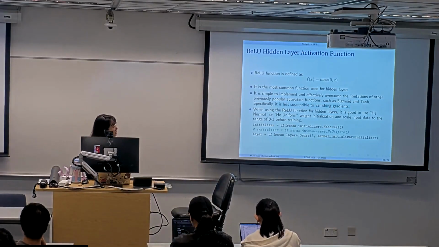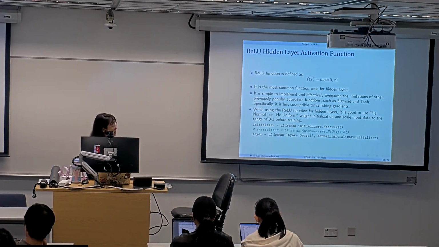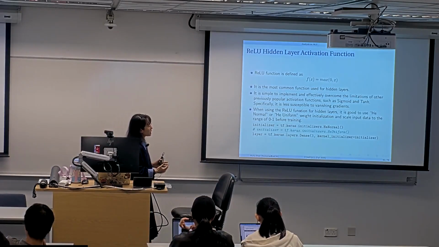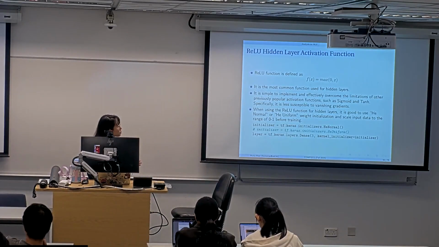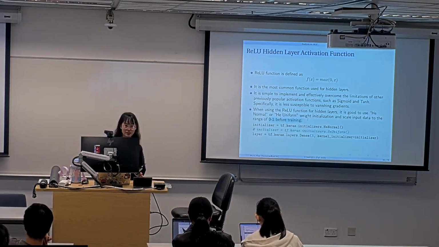So here are some implementation tips. If you want to use the ReLU function for the hidden layers, it's good to use He normal or He uniform weight initialization. This initialization is trying to scale the input data to the range of 0 to 1 before training. Usually we try to normalize the input data.